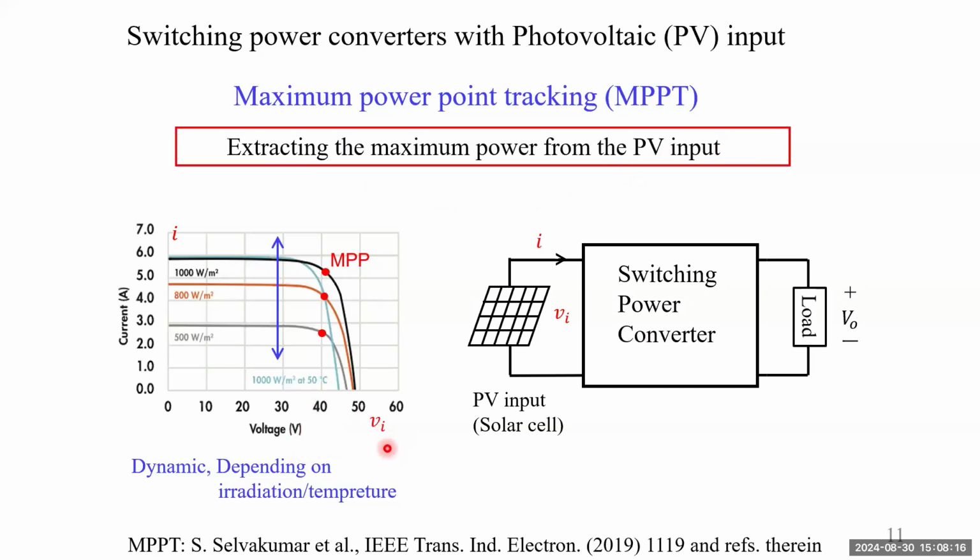In this figure, input voltage is here and input current here. And the voltage-current characteristic varies depending on the external environment, such as irradiation, temperature, and so on. And the maximum power point moves depending on the external environment.